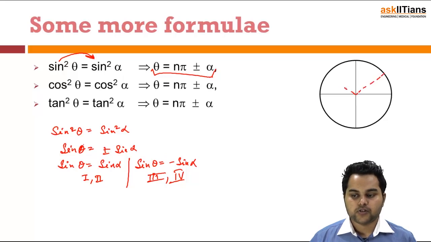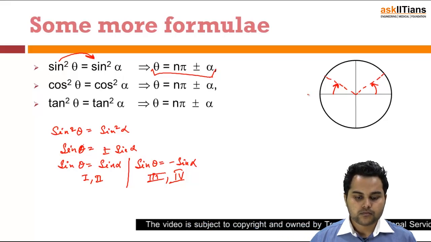The positive ones would be 2n pi plus alpha and (2n plus 1) pi minus alpha, that is even multiples of pi plus alpha and odd multiples of pi minus alpha.